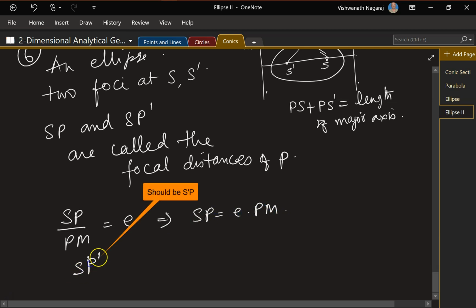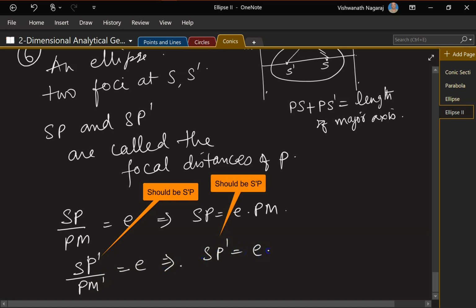Similarly, SP dash by PM dash is equal to E, which implies that SP dash equal to E dot PM dash.